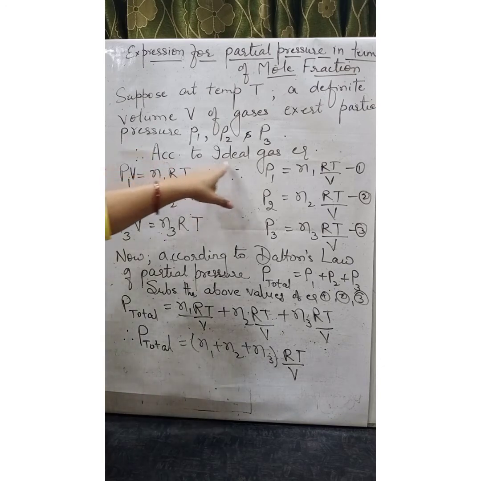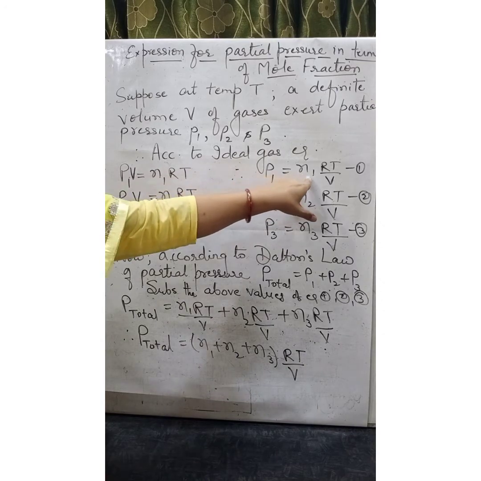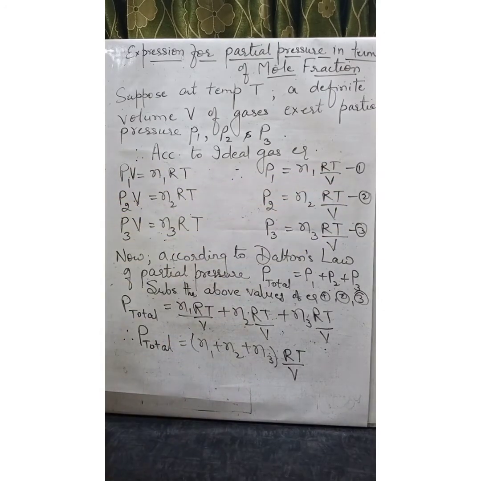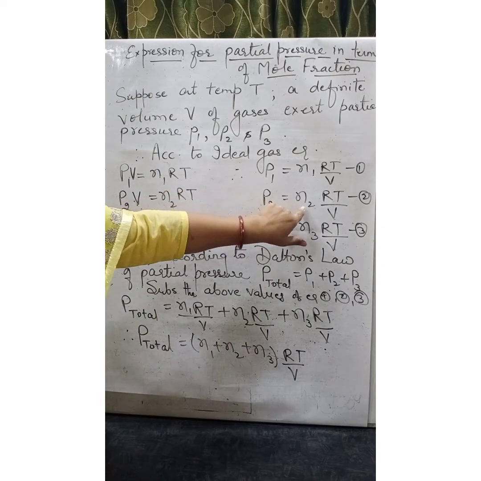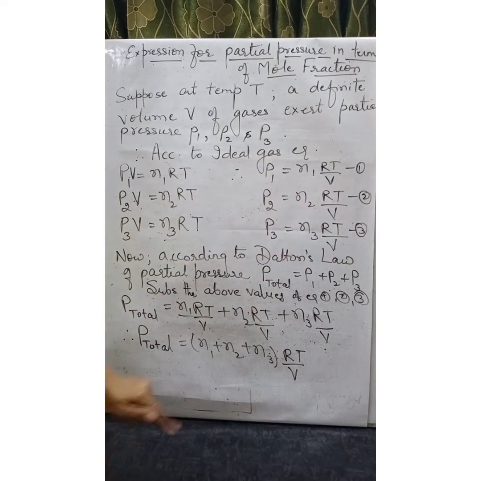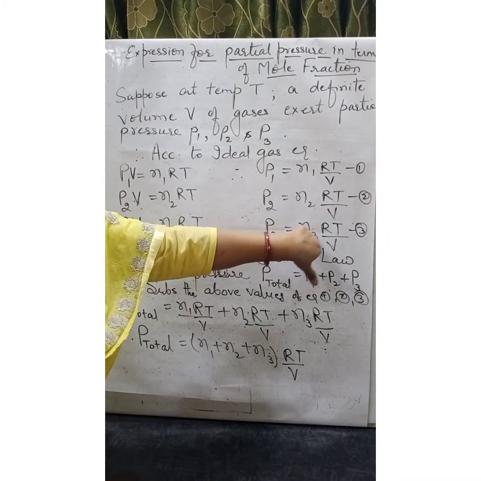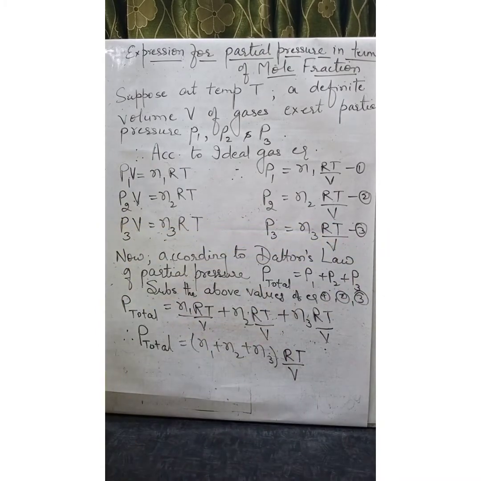So from this we get P1 is equal to n1RT upon V. Similarly, for the other gases we get P2 is equal to n2RT by V, P3 is equal to n3RT by V, where n1, n2, n3 are the number of moles of the gases.